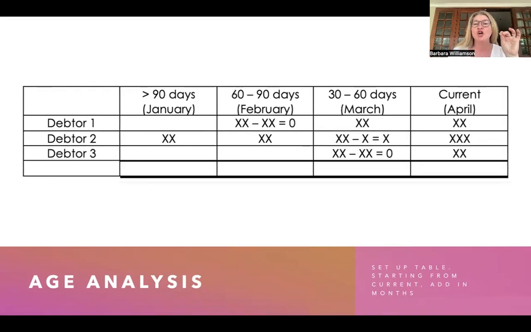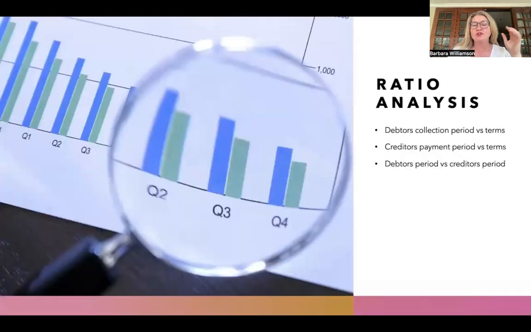Payments, on the other hand, are used to offset the oldest amount. So debtor 1 and debtor 3 have made payments to clear out the oldest amounts that they owed. And then obviously you can do a total and see how much everybody owes you.